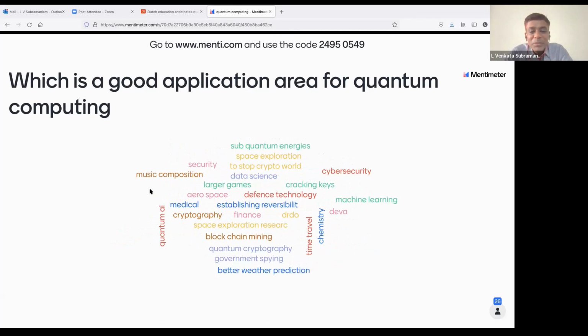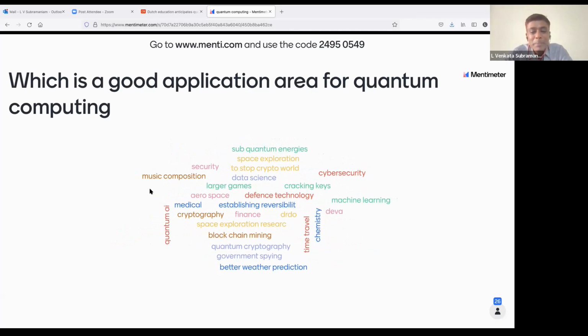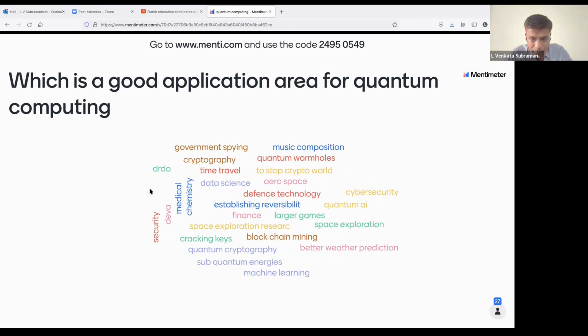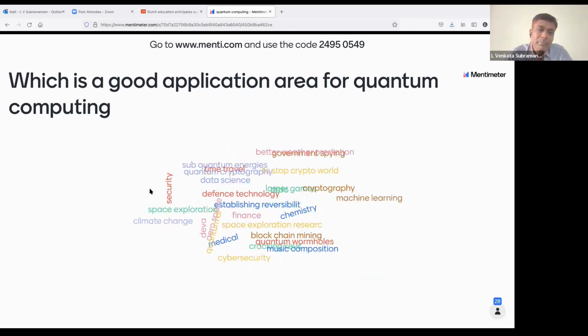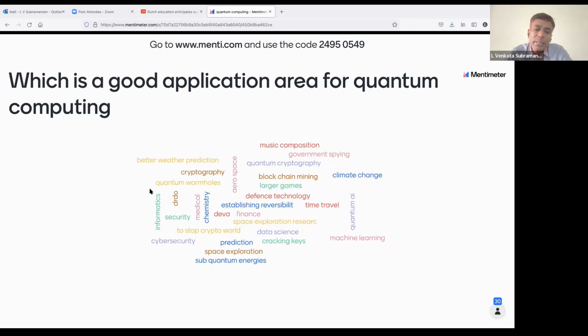Government spying, okay? Security, music composition, quantum wormholes.